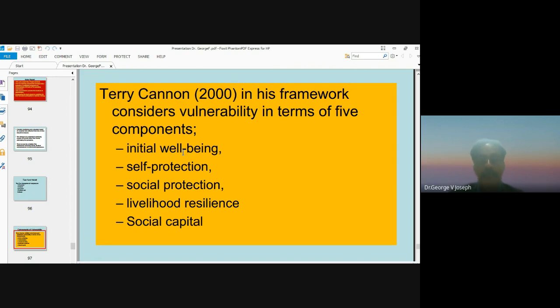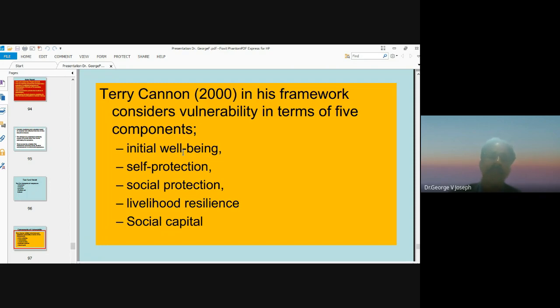So that also, whether a community as a whole is helping the society to look at social protection and livelihood resilience. I spoke about a choice of livelihood and the social capital which is being built in the community, whether social cohesion, harmony, and network. So these are also to be looked at.